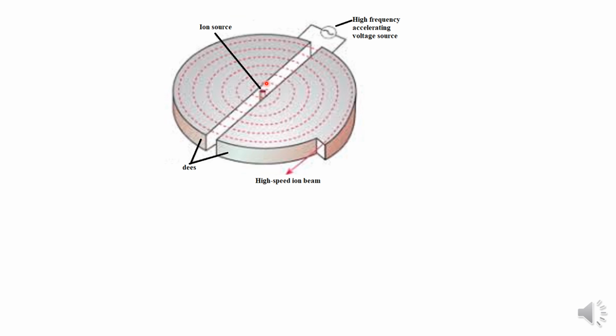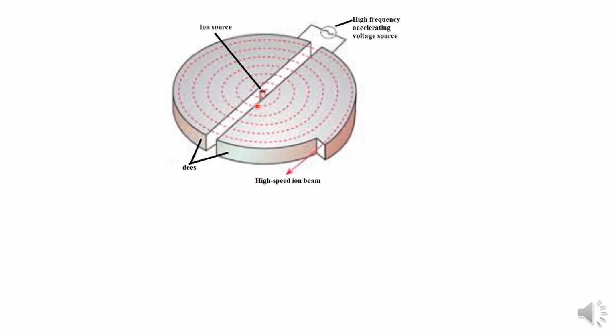During this time, when it enters the gap, assume that the polarities are reversed, then D2 will become the negative electrode, and this ion gets attracted by D2 and enters D2 with high velocity. As a result it describes a circular path with higher radius, and this is repeated a number of times.